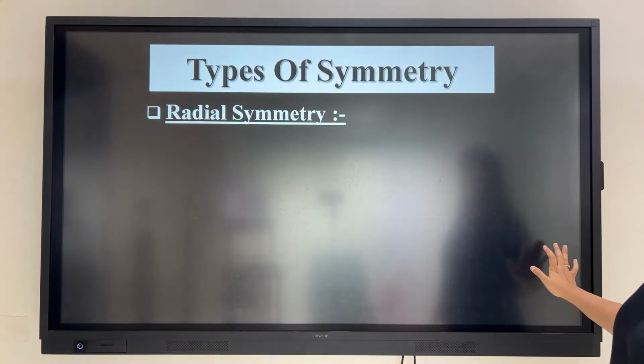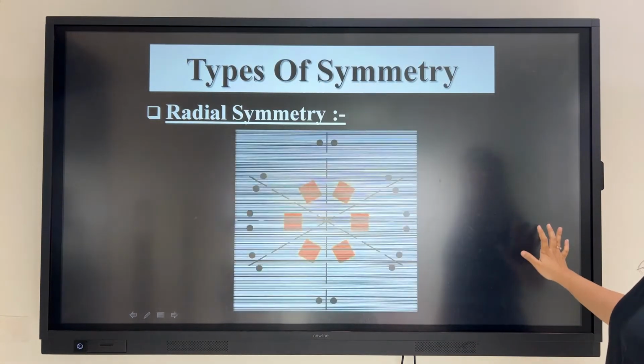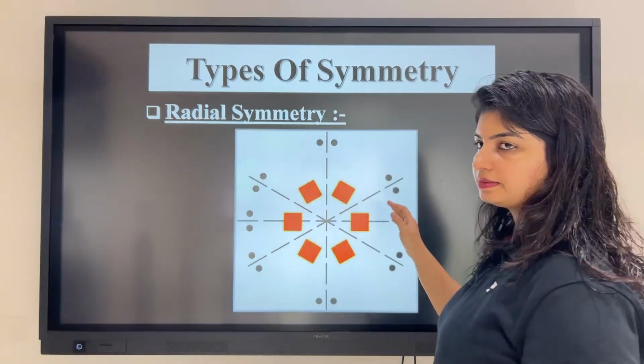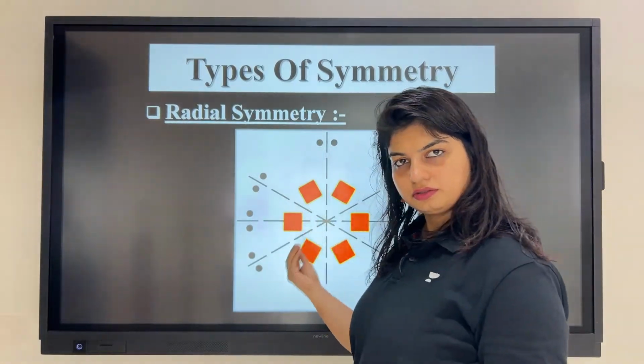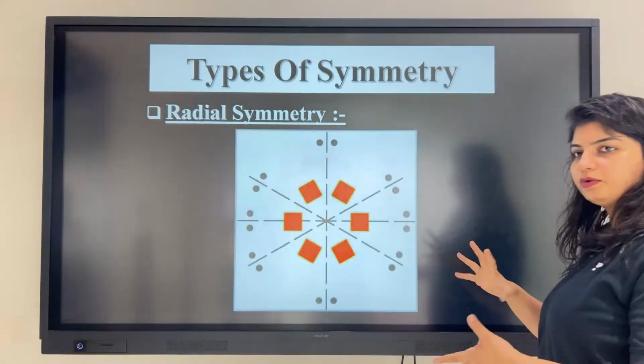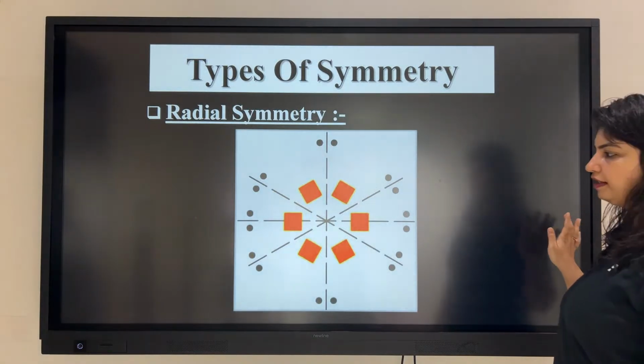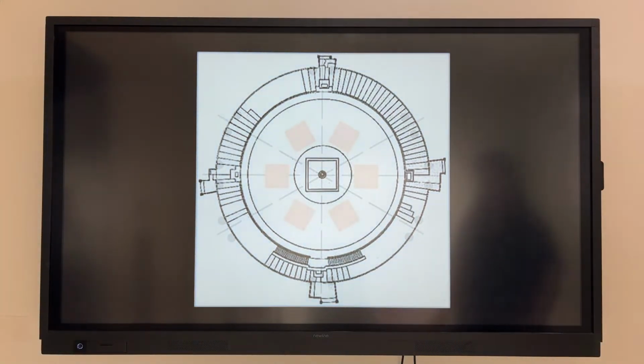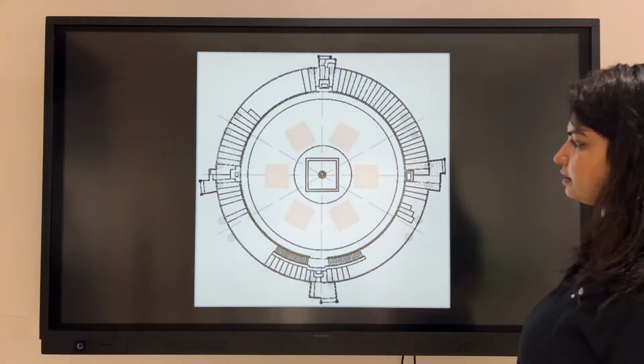Among the types of symmetry, the other one in the list is the radial symmetry. Okay, in the radial axis also you have the things, patterns, shapes, forms equally distributed around the radial axis. Okay, if it is distributed the same way radially, then it is radial symmetry.